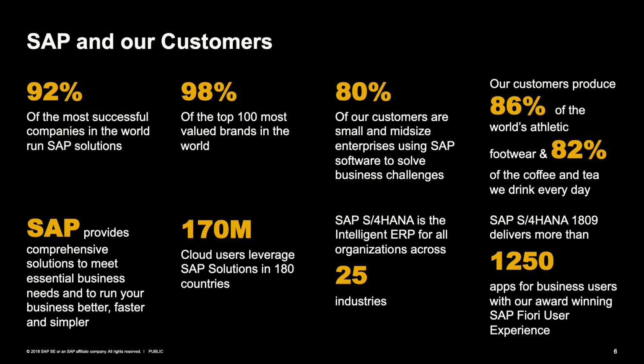That includes over 170 million cloud users who now use our solutions as well. Our flagship solution, which I'll talk a little bit about, is SAP S/4HANA, and we call that the Intelligent ERP, and that works across 25 different industries, public sector being just one.